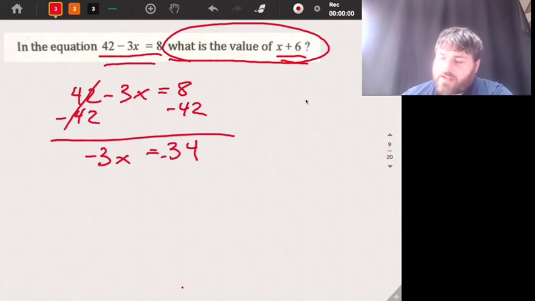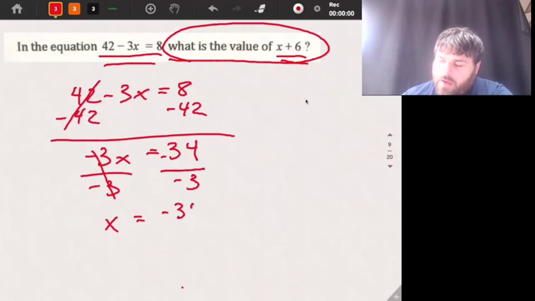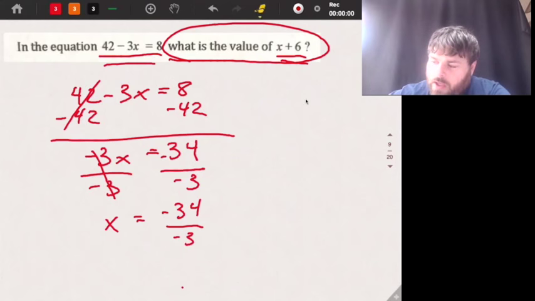All right, next step would be to divide by negative 3 on both sides. Negative 3's cancel, leave us with x equals negative 34 over negative 3. Now, two negatives divide to be a positive, so really, I can just think of this as positive 34 thirds.